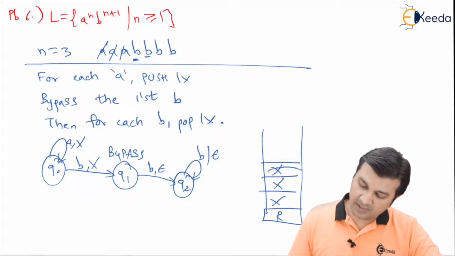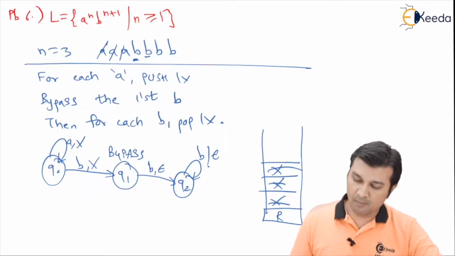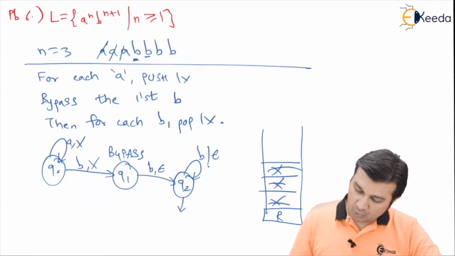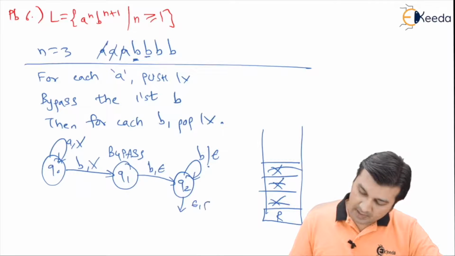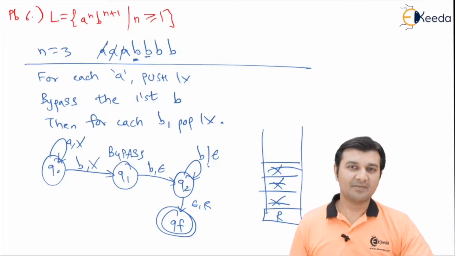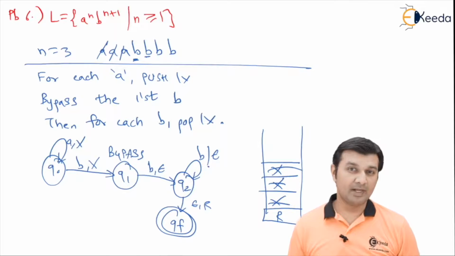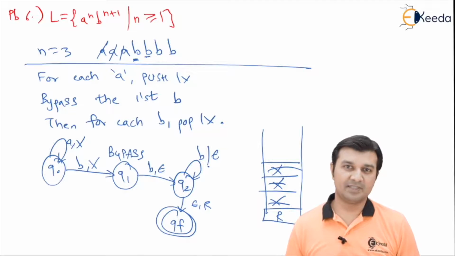So first b I change the state, second b pop, third b pop, and lastly in q2 when you have epsilon and stack top as R, go to the final state. As simple as that. So with this logic in mind, let us write the transition function.